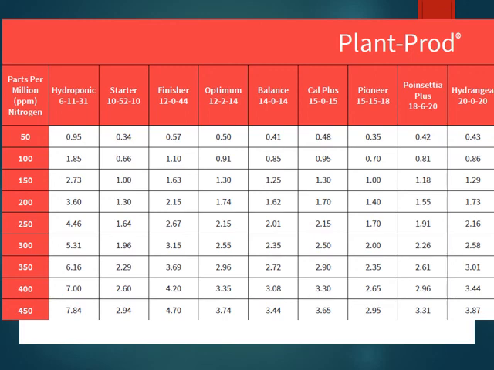Now on this table here, you'll see on the one side there is ppm of nitrogen, and here we have 50, 100, 150, 200, 250, and 300, and over here are the different fertilizers that this company, Plant Products, happens to sell. So if we look at 14-0-14, for a ppm of 200, we should be expecting an EC of 1.62.